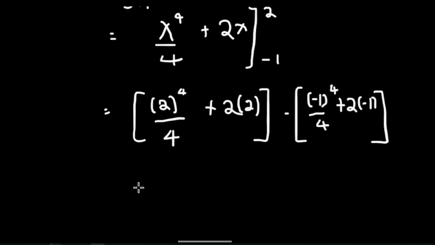So let's bring this a little bit down. 2 raised to the power 4 is 16. 16 divided by 4 is 4. And then this will be 4 plus 8, because 2 times 2 is 4.